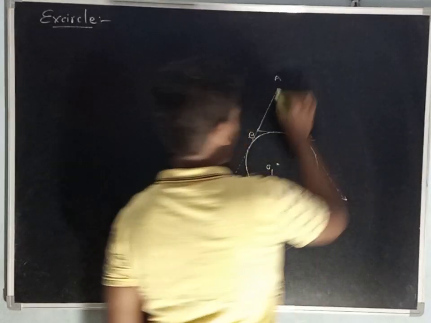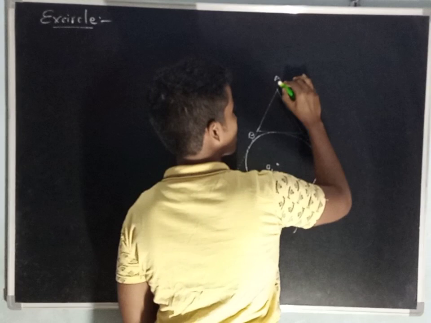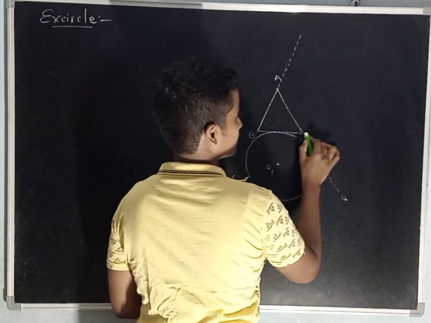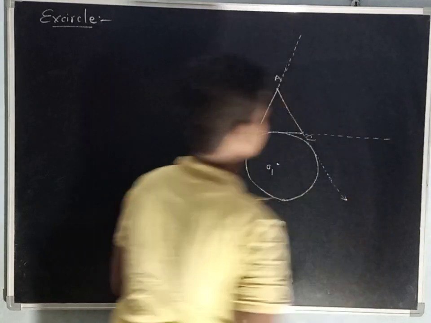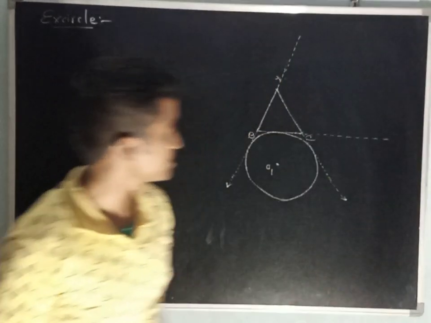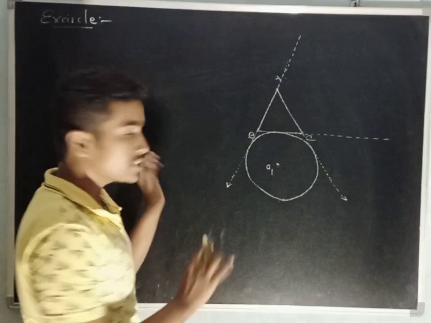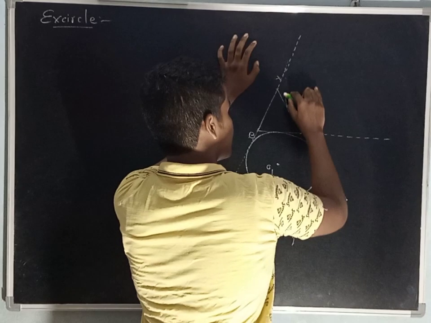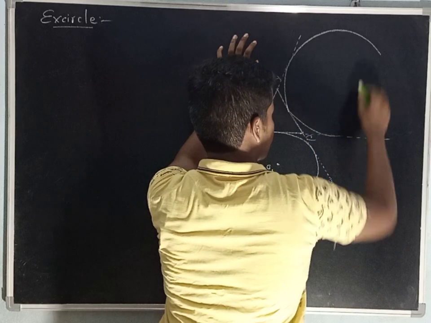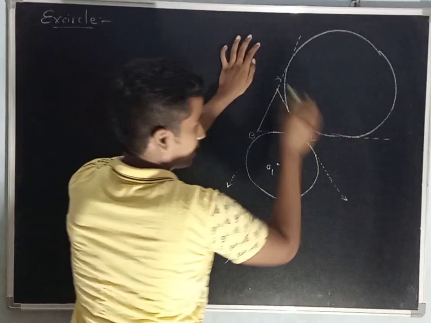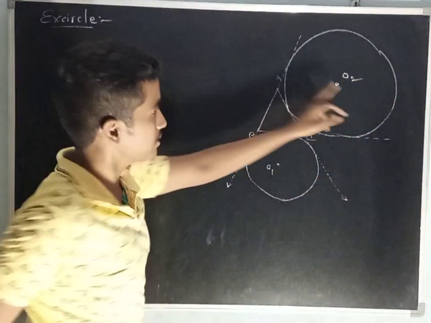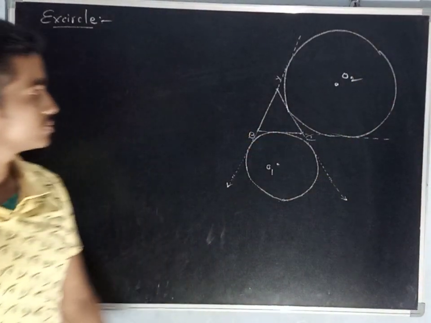Similarly, let me extend this side like this and like this, BC like this. I have extended two lines and I have drawn a circle so that the third side and the other two lines act like tangents to the circle. Here it is O2, the second circle with center O2.